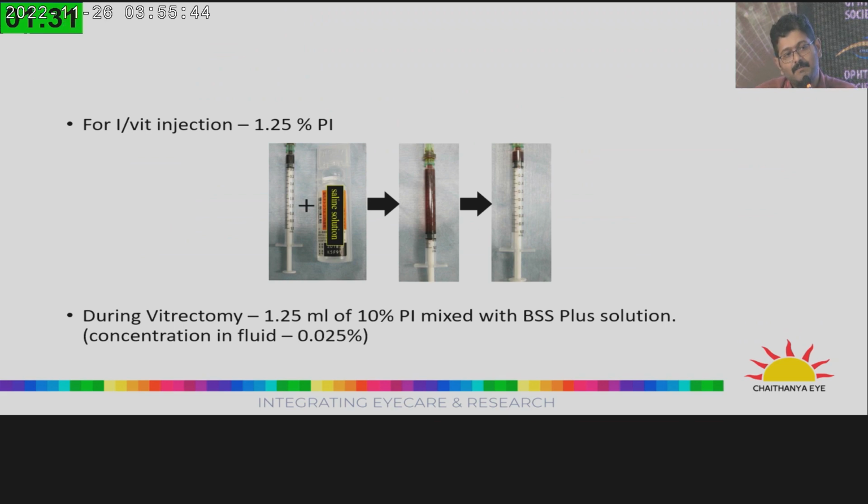They mixed the 0.1 ml of povidone iodine with 0.7 ml of saline, making it 0.8 ml, mixed it well, took off 0.7 ml and injected 0.1 ml into the eye. For the irrigation solution during vitrectomy, they took 1.25 ml of 10% povidone iodine and mixed it with 500 ml of BSS Plus solution. So the effective concentration of the fluid is 0.025%.